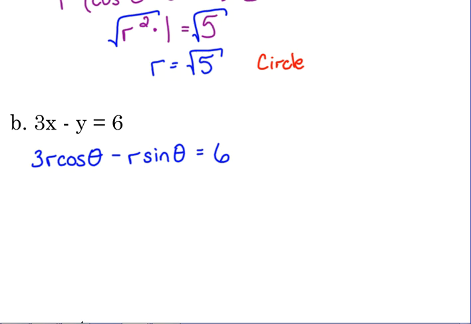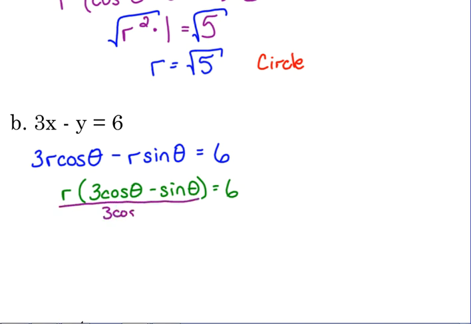It shows up twice. We can't combine those because one has a 3 cosine of theta, one has a sine of theta. So if we can't combine them, then typically we factor. But this time they only have one r instead of r squared like the previous problem. And then if we're trying to get r by itself, then we just divide. 3 cosine of theta minus the sine of theta.